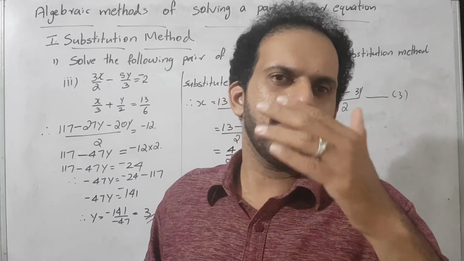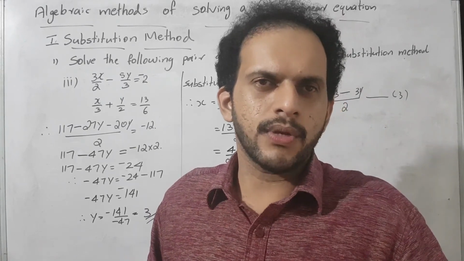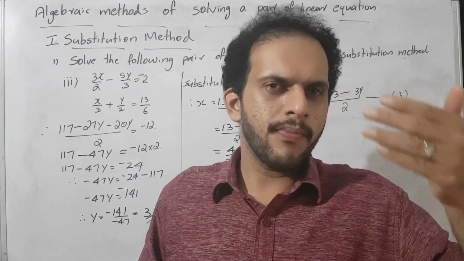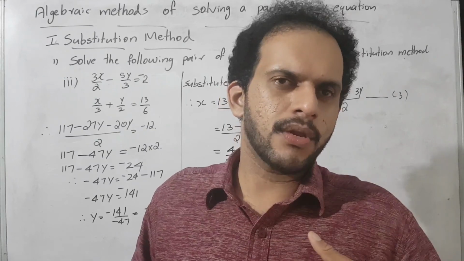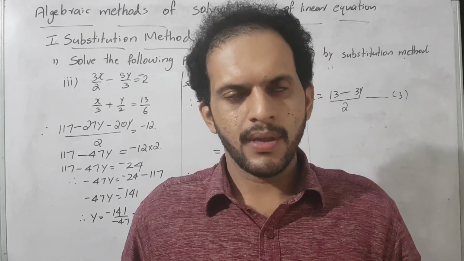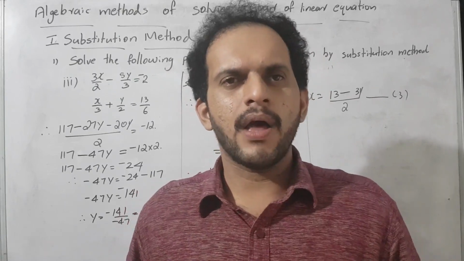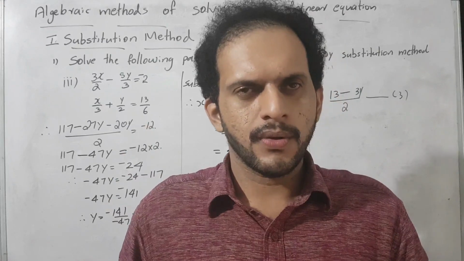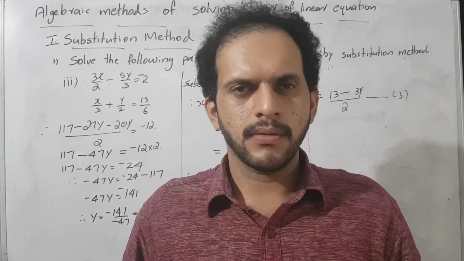If we make equation 3 on the base of equation 2, substitute equation 3 in equation 1. If we make equation 3 on the base of equation 1, substitute equation 3 in equation 2. That is the idea of the substitution method. At last you will get the value of x and y, or the value of the variable we are using there. Okay, this method is called the substitution method. Clear?